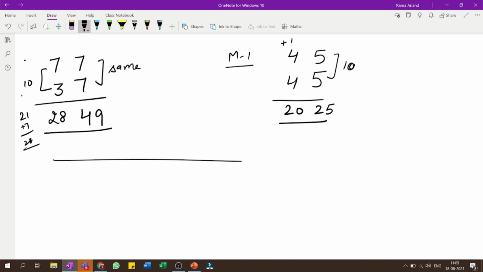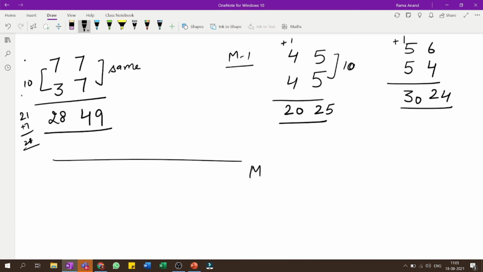Let me take another example. No need to get confused. The digits at unit place are making a sum of 10 and the digits at tens place are same. This is my trick number 1. So 6 into 4 24. And how we done that? 5 plus 1 6 and 6 into 5 30. This is method 1.